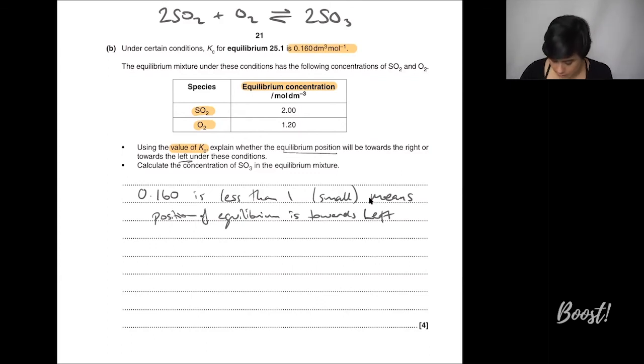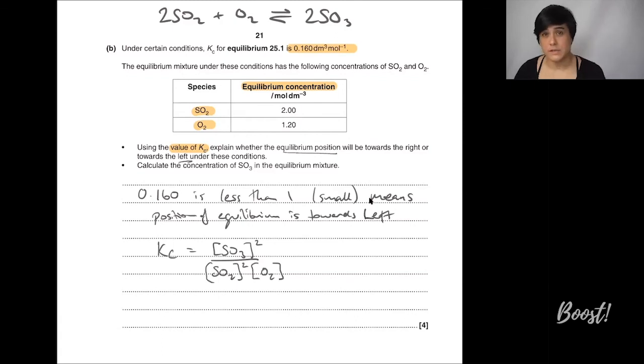Just write the expression for your Kc. So Kc equals [SO3] squared divided by [SO2] squared and [O2]. And then you just need to rearrange this equation to make SO3 the subject.